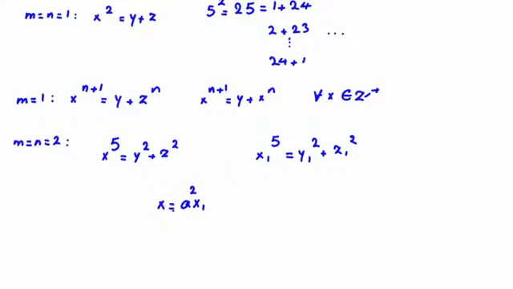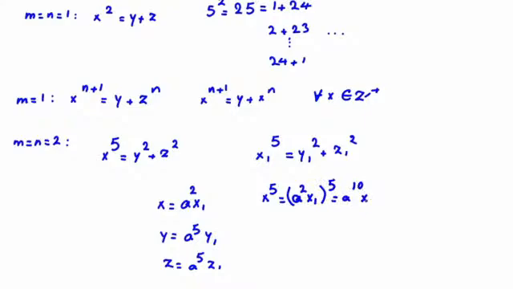And then we consider x is this, y is a to the 5 y1, and z equals a to the 5 z1. Then x to the 5 equals a squared x1 to the 5, which is a to the 10 x1 to the 5.